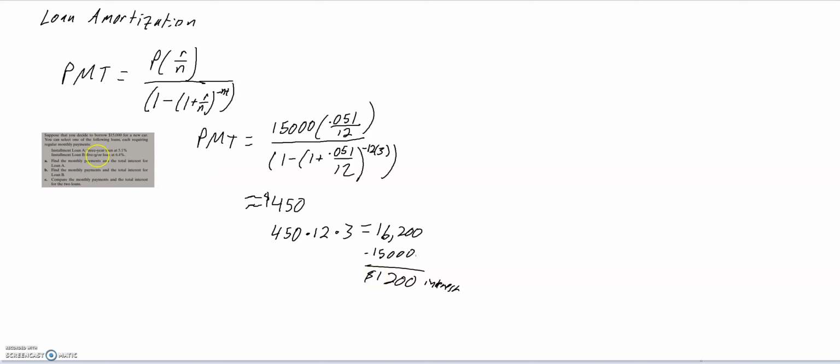Find the monthly payments and the total interest. So I have a 5-year loan at 6.4%. Okay? So my PMT is going to be, so I plug in, same thing, principal still $15,000 for that loan, times, now my interest is 6.4%, so 0.064 over, still monthly payments, so divided by 12, over, then 1 minus 1 plus my rate, 0.064 over 12, raised to the negative 12 times, then for this one, 5.